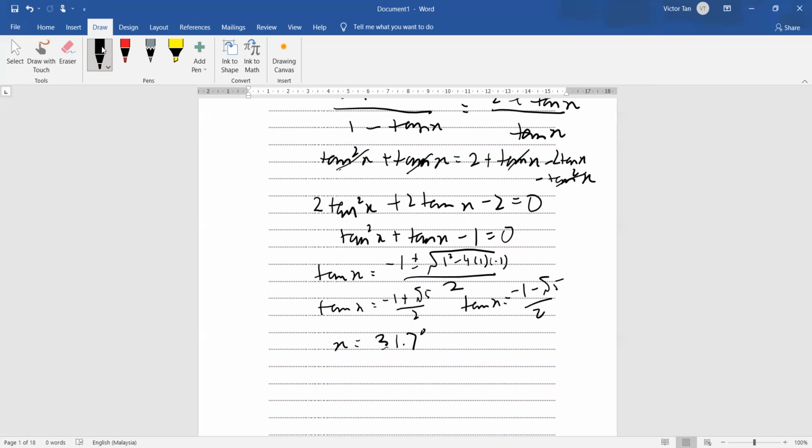Now this other one is in the second quadrant, so you must put in your 180 minus 58.3 degrees. So finally you have your two solutions, 31.7 degrees and 121.7 degrees. Okay, good.